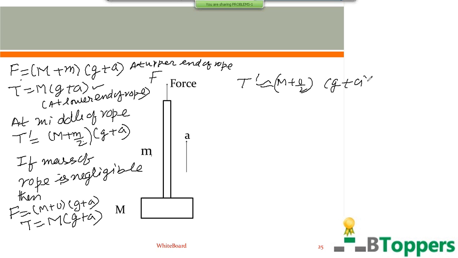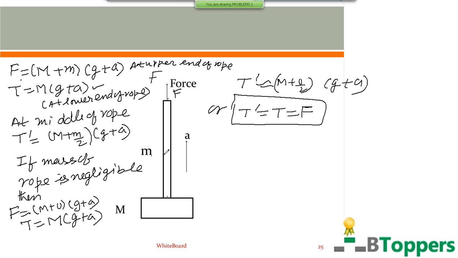So that means if the mass of the rope is negligible compared to the mass of the block, you get T dash to be the same as T, equal to F. That means the magnitude of the tensional force on the block by the lower end of the rope is the same as the magnitude of the pulling force F applied at the upper end of the rope.